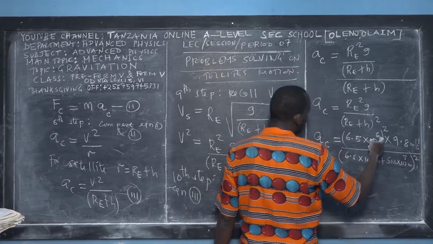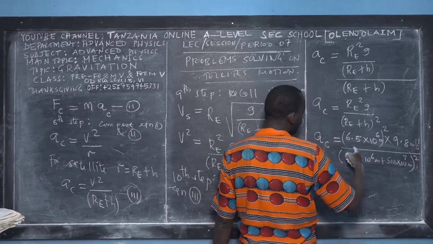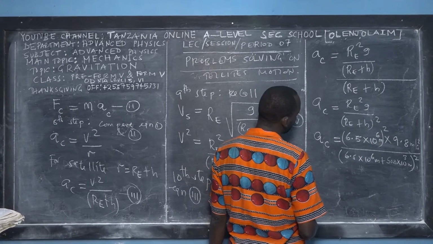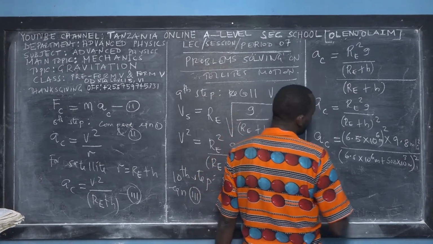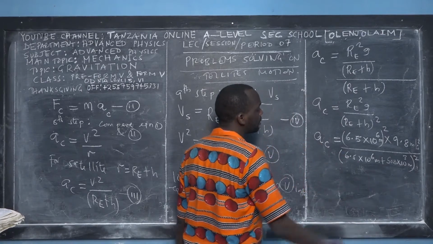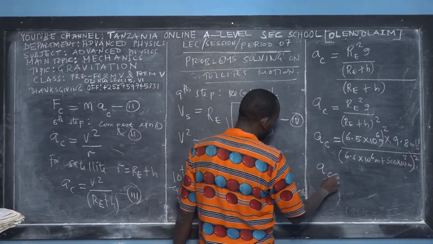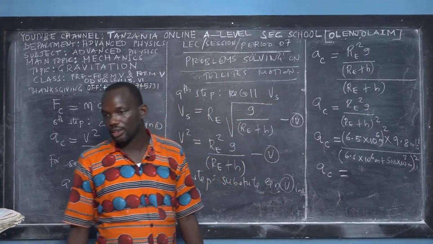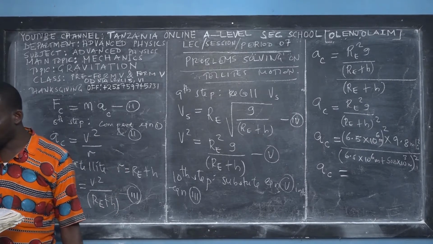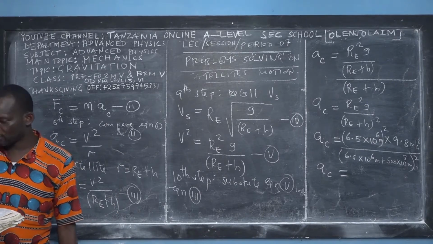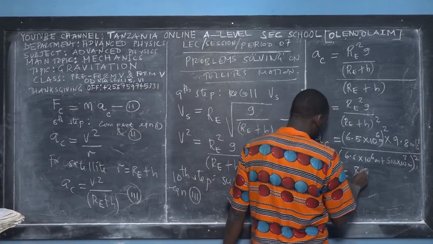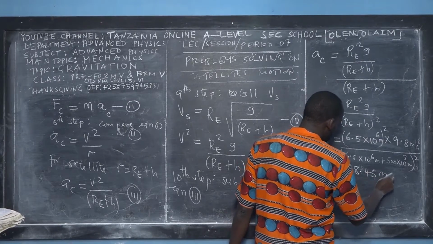So we have meter square, and this meter square will cancel, remain with meter per second square. So for the centripetal acceleration, you have to use your scientific calculator to do your computation. Finally, if you do such a computation, you will find that the centripetal acceleration is 8.45 meter per second square.